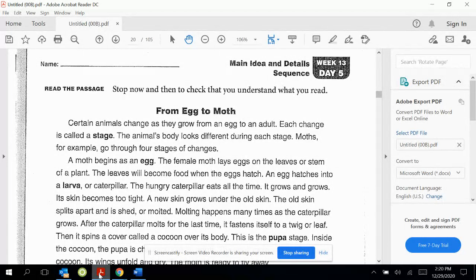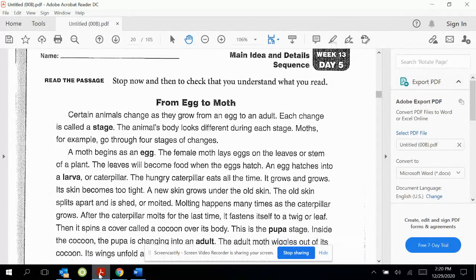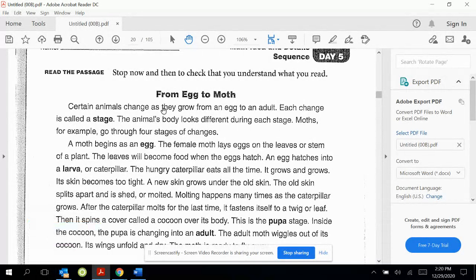Stop reading after each step in the process of the caterpillar's change and remind yourself what you've read. The instructions say, stop now and then to check that you understand what you read. So we're going to practice that strategy today.